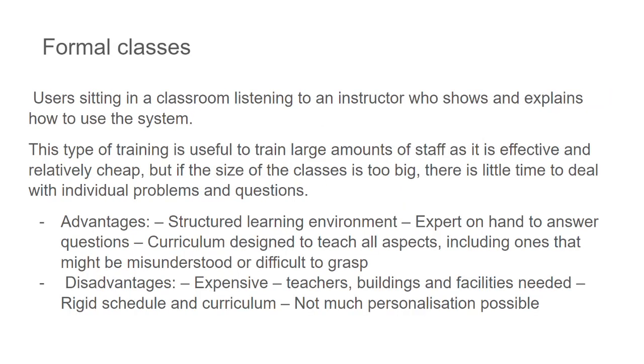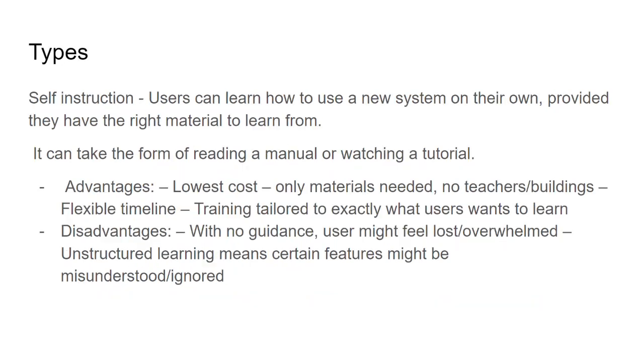This is formal classes. You sit in a classroom listening to an instructor who shows and explains how to use the system. Some advantages are a structured learning environment, an expert on hand who can answer the questions, and a curriculum designed to teach all aspects. In self instruction, you learn one aspect and then you learn another aspect.